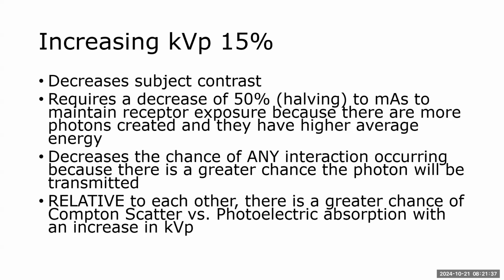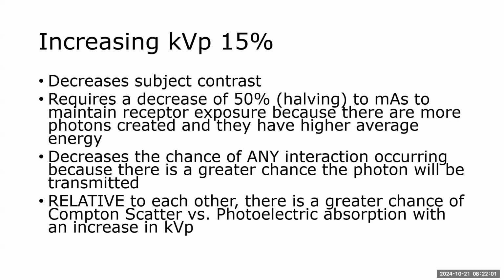So that's why we said kVp actually has a greater effect on quantity of photons than mass did. But we don't like to use kVp to control receptor exposure because it changes subject contrast. It changes other things about the beam that we don't necessarily want to change.